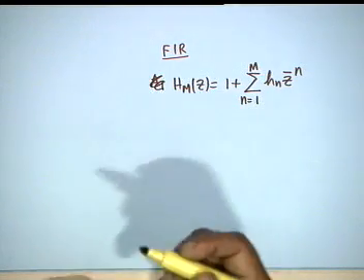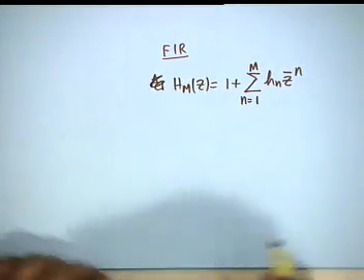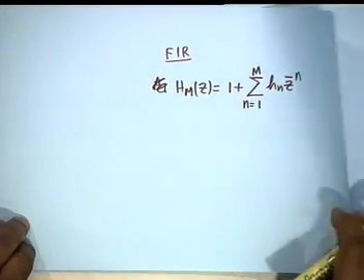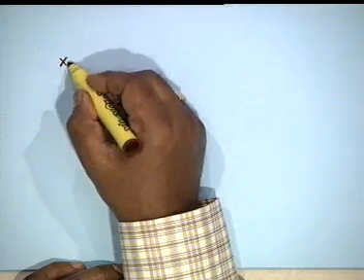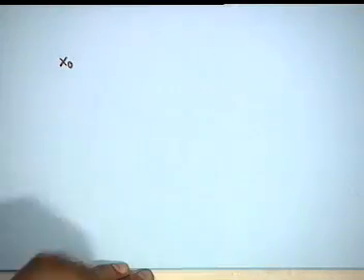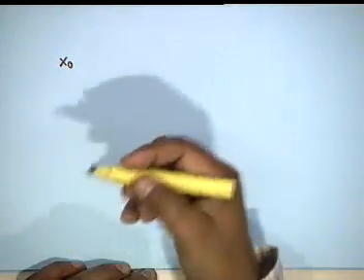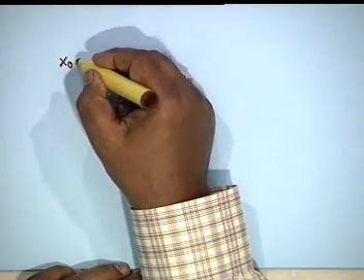Okay. The structure looks like this. Please draw with me. Because it is FIR, there should be no feedback. It should be a non-recursive structure. So, we start with an input x0, the notations also change. I will tell you the reason a little later.